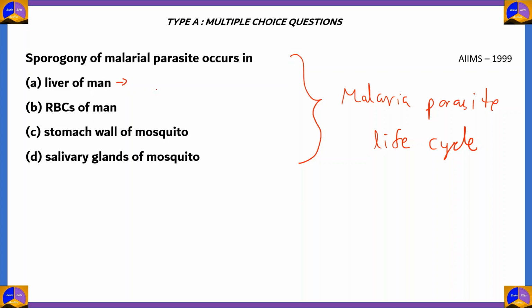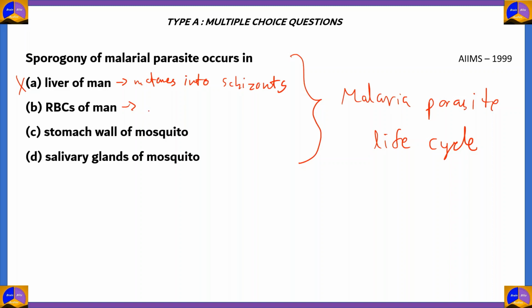In the liver of man, the parasite matures into schizonts. So this is not sporogony, so option A is incorrect. What about option B, RBCs of man?